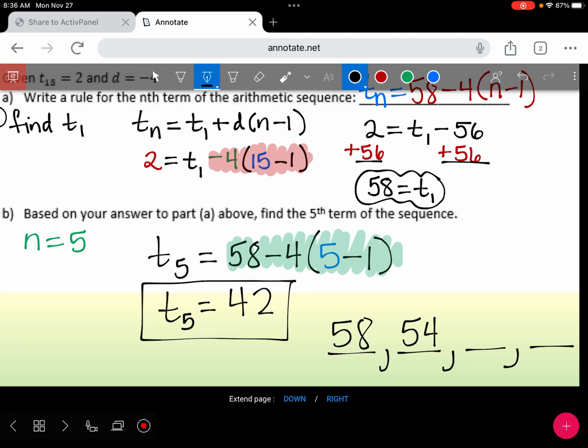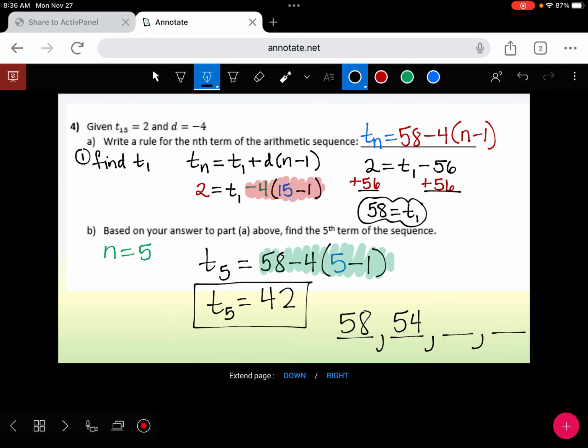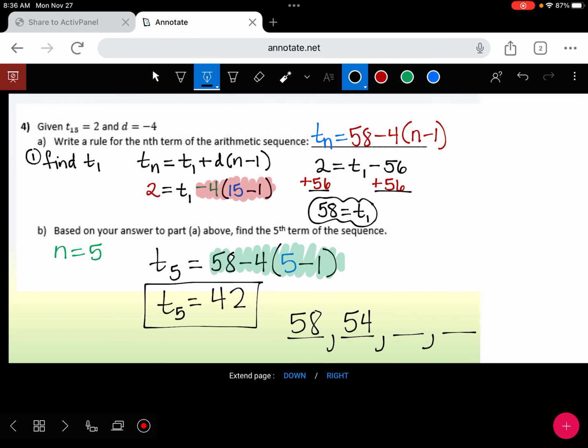Wait, what am I subtracting? Oh, there we go. Sorry. I was about to say, that's not going to give us the right number. 5 numbers. Okay. And then 50. Subtract 4 again. That would be 46. Subtract 4 again, 42.